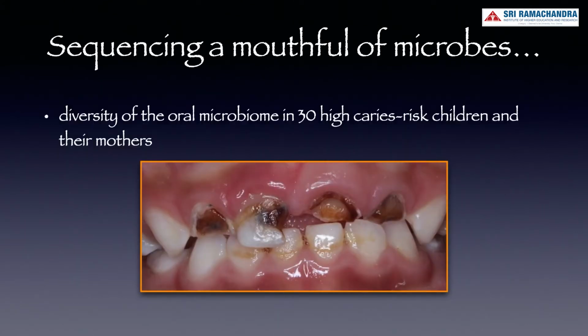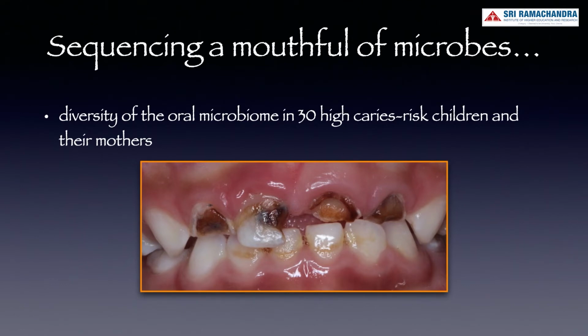With that brief overview of the technique, in the next couple of slides, I'm going to share with you our experience sequencing a mouthful of microbes. This is a recent project that we explored, looking at the diversity of the oral microbiome in high-caries risk children and their mothers. 30 high-risk caries children and 30 mothers were recruited who were fit and well, free of any medical condition, and able to donate 2 mL of unstimulated saliva.